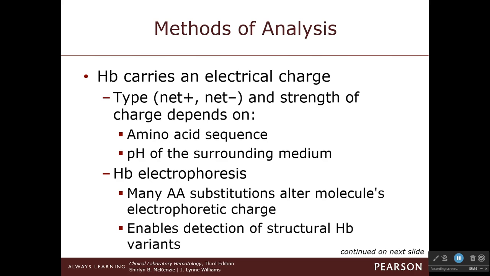So if this was my negative and this is my positive like we have on our setup, these two were negatively charged and these two were positively charged. But usually, if they're down here, they're all negatively charged and so they're all going to be pulled to that positive end. Does that make sense?